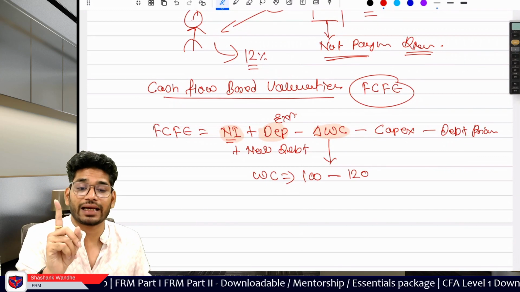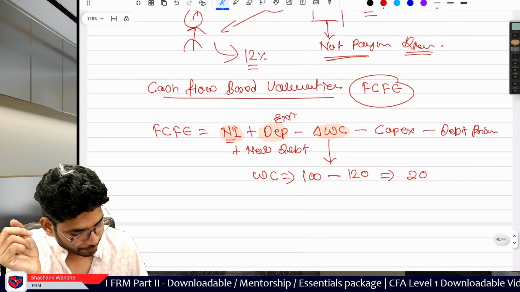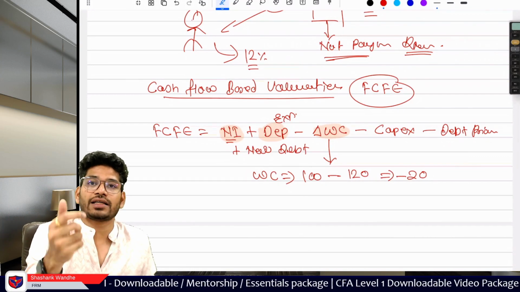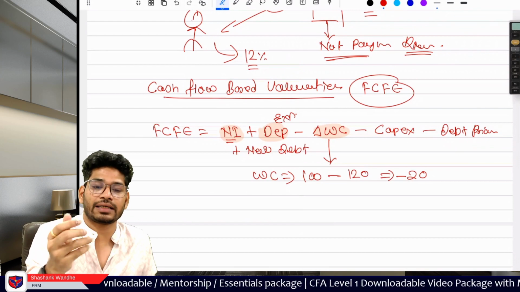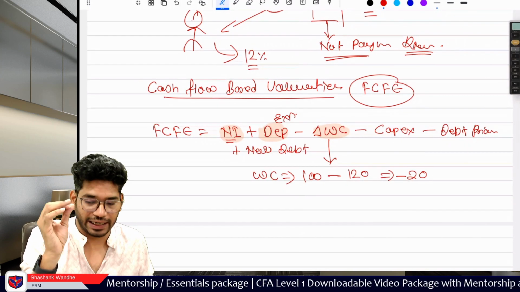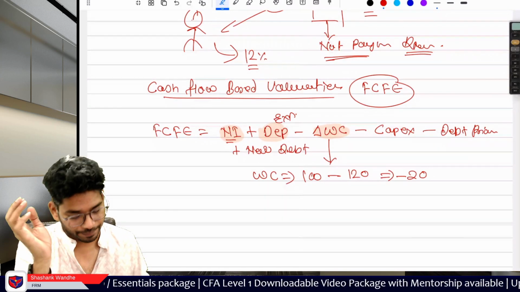If the working capital is increasing, this change of 20 will be removed. Remember, this is the point where students make mistakes. Increase in working capital should be removed or subtracted.